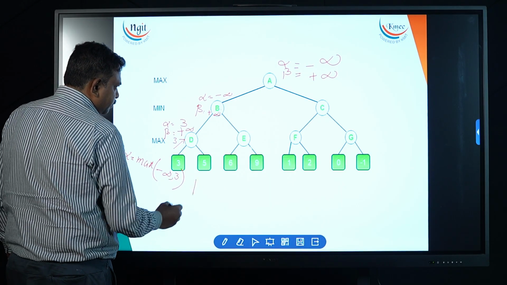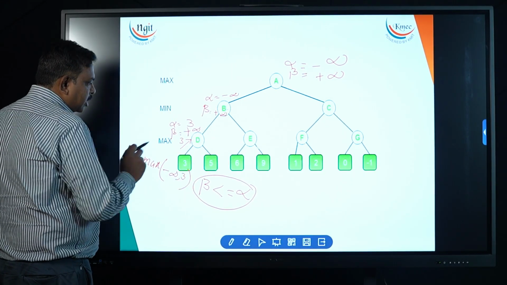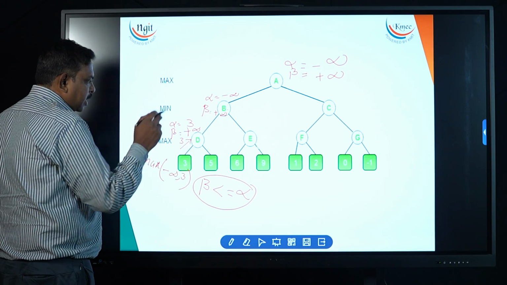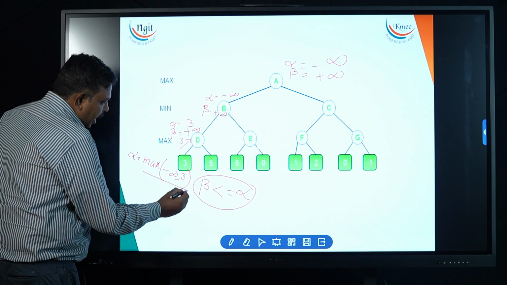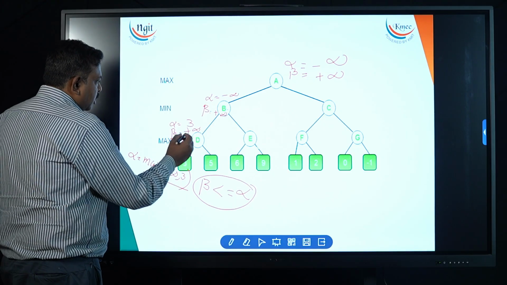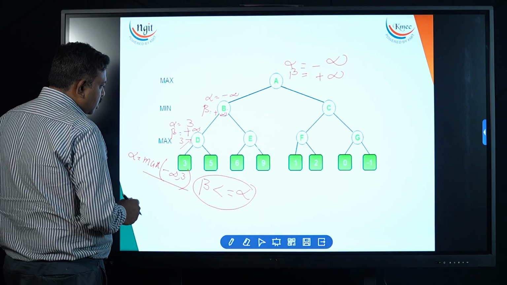Here at the leaf level I take the 3, and 3 is sent to the max player. Max is alpha. Now I calculate alpha equal to the maximum of minus infinity and 3. Now alpha is 3, so I have updated alpha with 3.